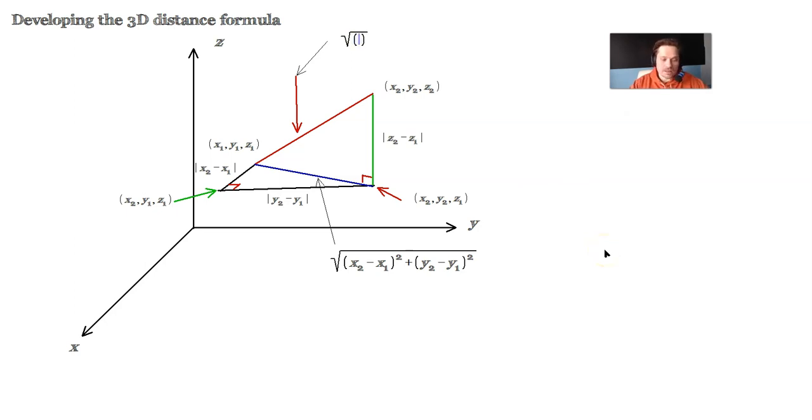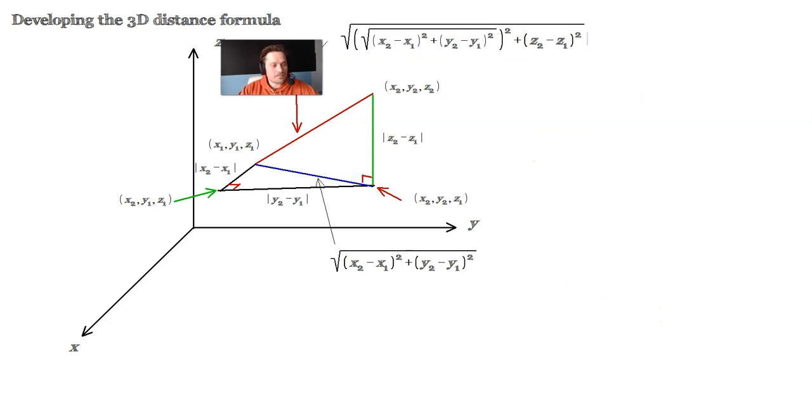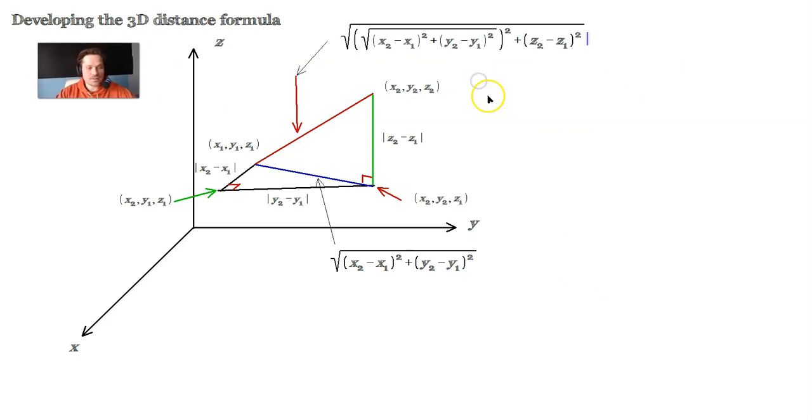You're going to take this and you're going to square it. That's the length of the blue one, and you're going to add to it z sub 2 minus z sub 1, and you're going to square that this way. So this is another use of the Pythagorean theorem after the first use of the Pythagorean theorem. That's allowed. And then here, what you're going to do next is just simplify this expression.